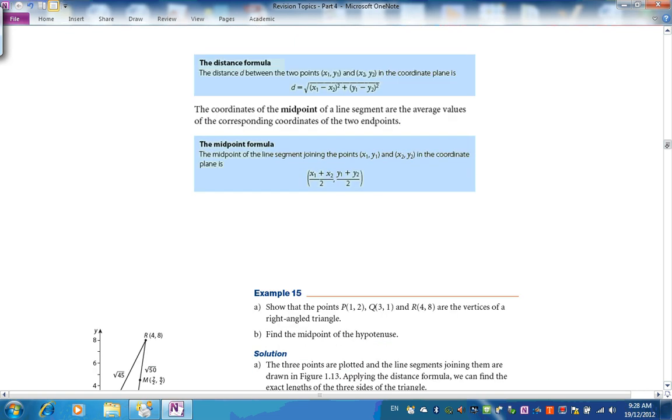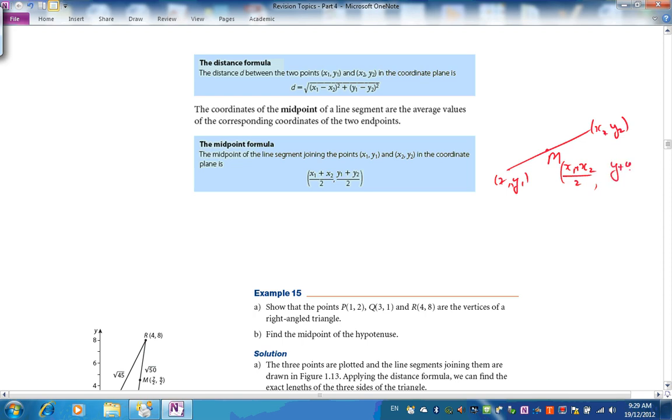So here are a couple of formulae, the distance formula and the midpoint formula. And the midpoint formula, if you remember, is for finding the midpoint of a line joining 2 points like that, and the middle is the average of the x's. So what's the average of the two numbers? It's x1 plus x2 on 2, and it's the average of the two y's.